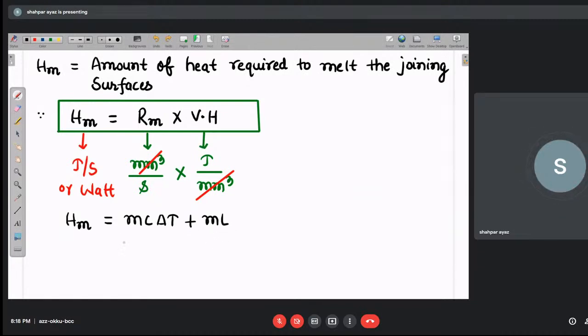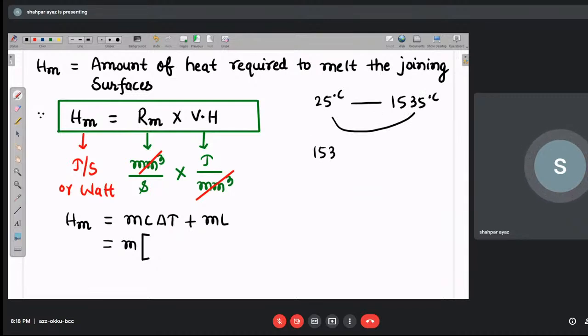Here m you can take common, c delta T, where delta T is the melting temperature minus initial temperature. Suppose you are welding iron, initially at 25 degrees Celsius. You take 25 to 1535 degrees Celsius. This will be sensible heat.